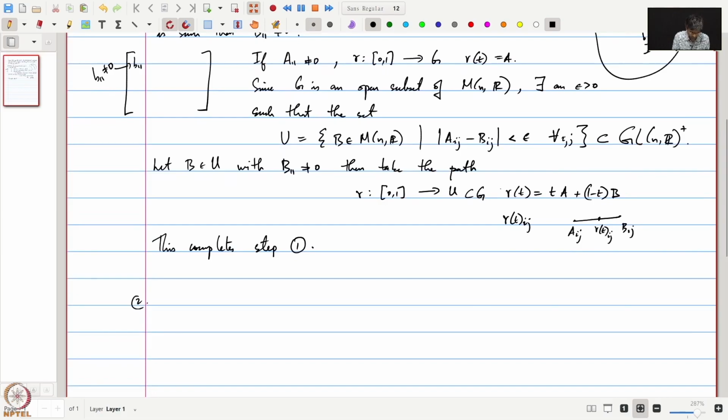Okay, so let us go to step 2. If B is in G and B11 is non-zero, recall these E_ij, the elementary matrices.